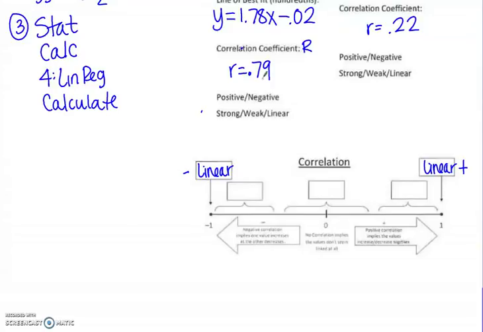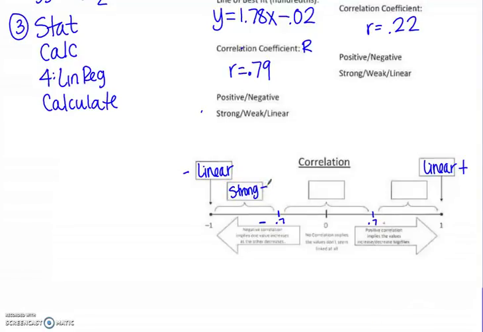So, if the correlation coefficient is negative, and every teacher is going to be different, I'm going to put this at 0.7, and this over here is also at 0.7. I know it's not perfectly at 0.7, but just stay with me. If it's between -0.7 and -1, this is a strong negative.